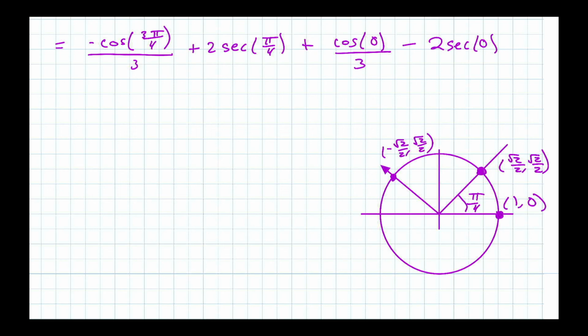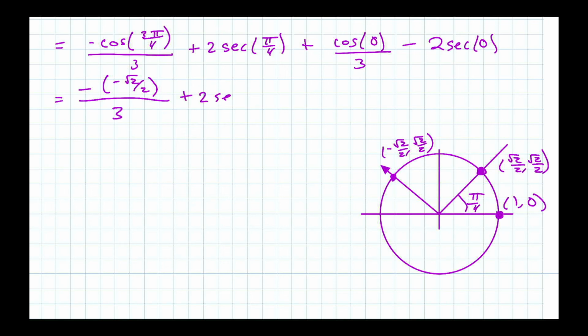All right, so having done all that, we should be able to work these out now. So I've got negative over 3. Cosine 3/4 pi is going to be the x value here, so the x value is negative root 2 over 2. So negative root 2 over 2, like that.